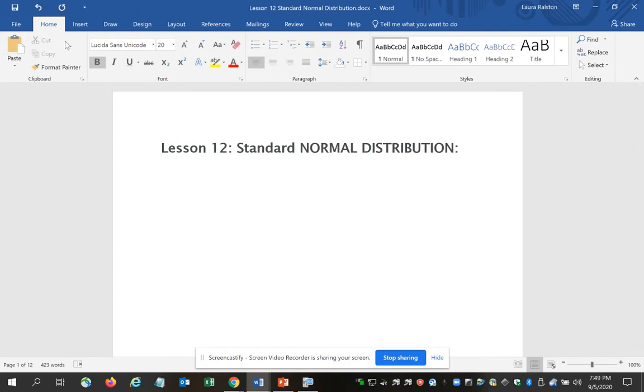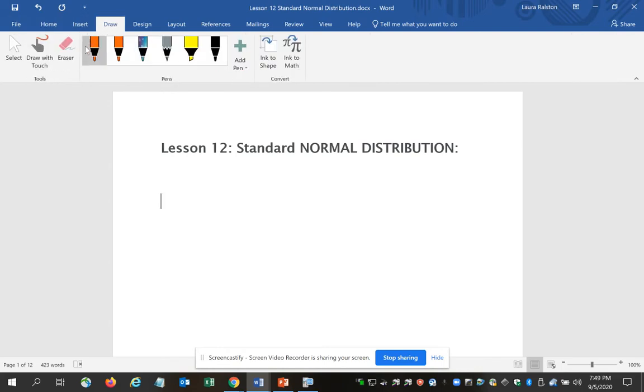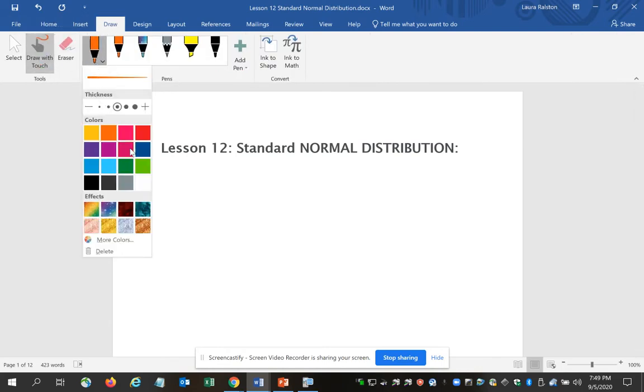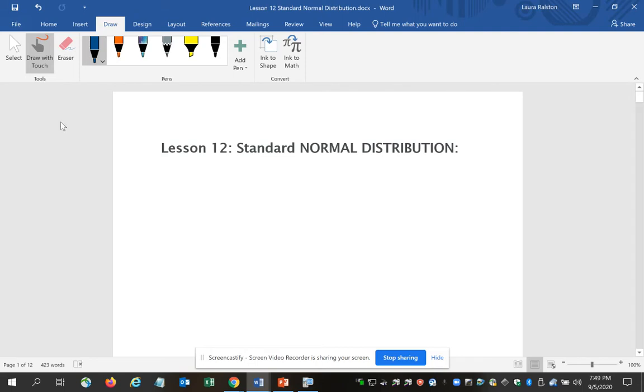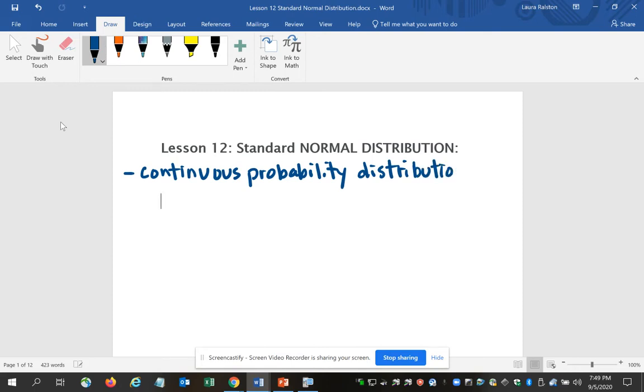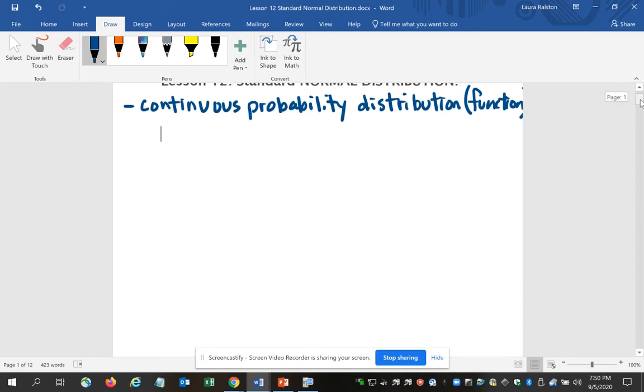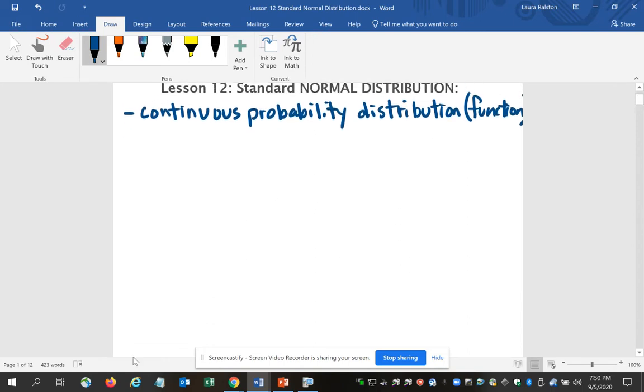So a couple of things about a normal distribution is that a normal distribution is, in a sense, a continuous probability distribution, or another way to think about it, which goes back to algebra, is that it is a continuous function, which means when you draw the picture of a normal distribution, you can draw the entire picture without having to lift your pen.